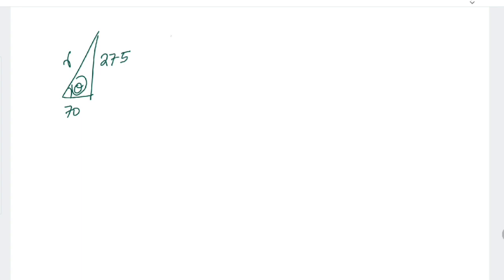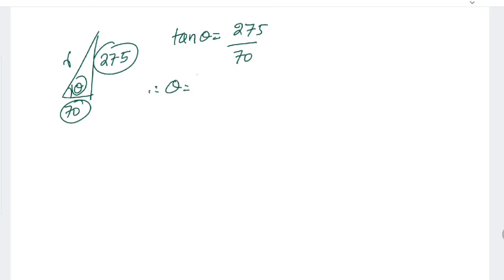So how will we find theta here? Opposite by adjacent: tan theta is equal to the opposite side by the adjacent side. So theta will be equal to tan inverse of 275 by 70.